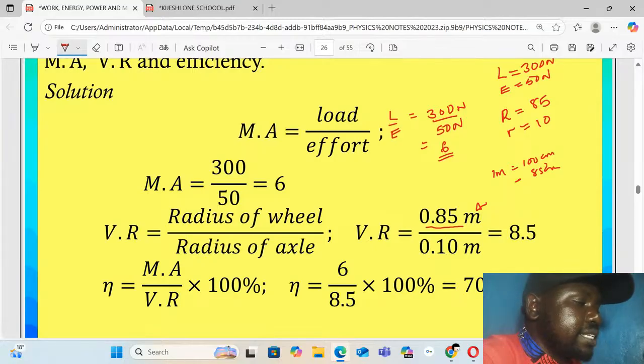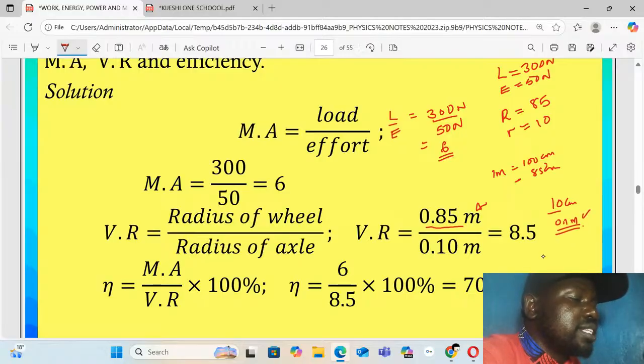I'm sure somebody is asking why do we substitute 0.10 instead of 0.1? The moment you are converting units, you need to convert it and count the number of the digits in it. Do not exclude any, because it is easier to say 10 centimeters is equivalent to 0.1 meter. It is okay.